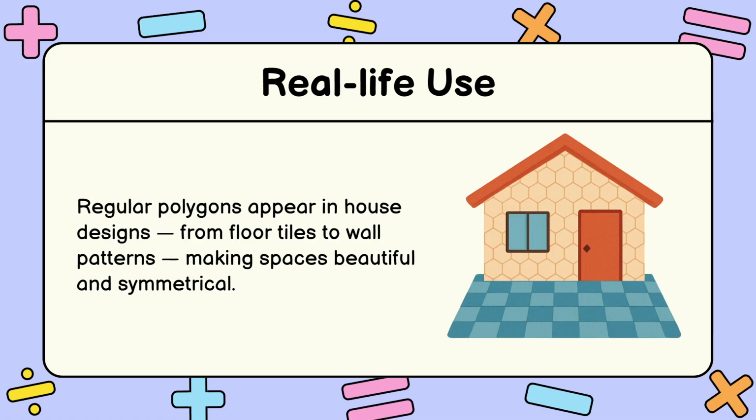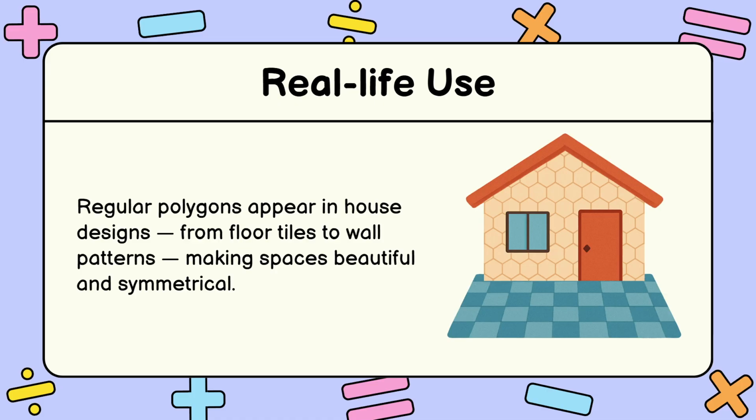Let's take a moment to look at how regular polygons are used in our everyday lives. Think about house designs, from the floor tiles beneath our feet to the patterns decorating our walls. Regular polygons play a crucial role. They create spaces that not only look beautiful, but also feel balanced and symmetrical.